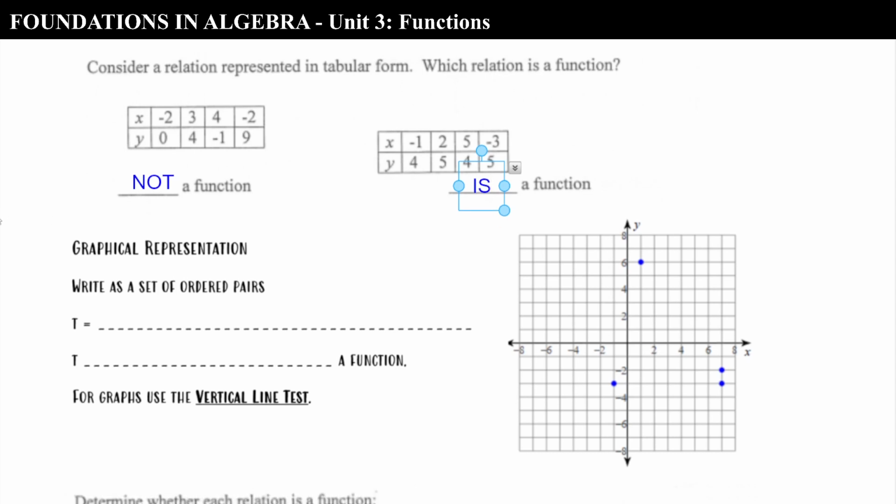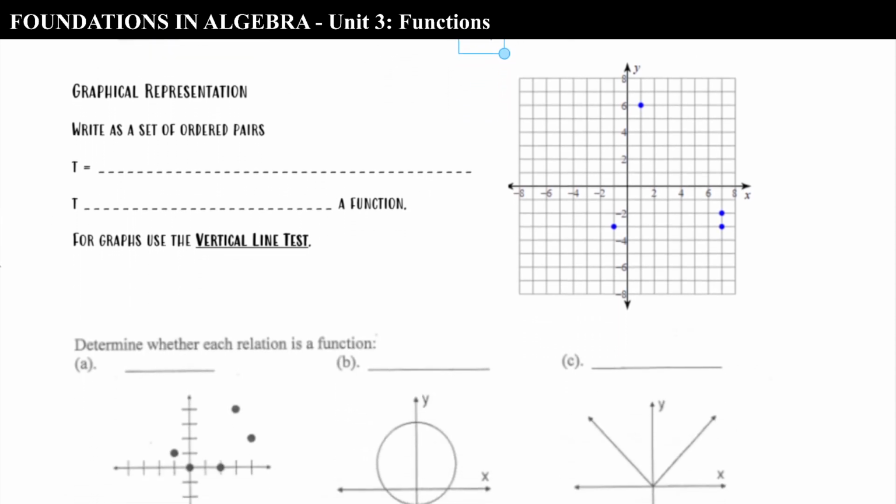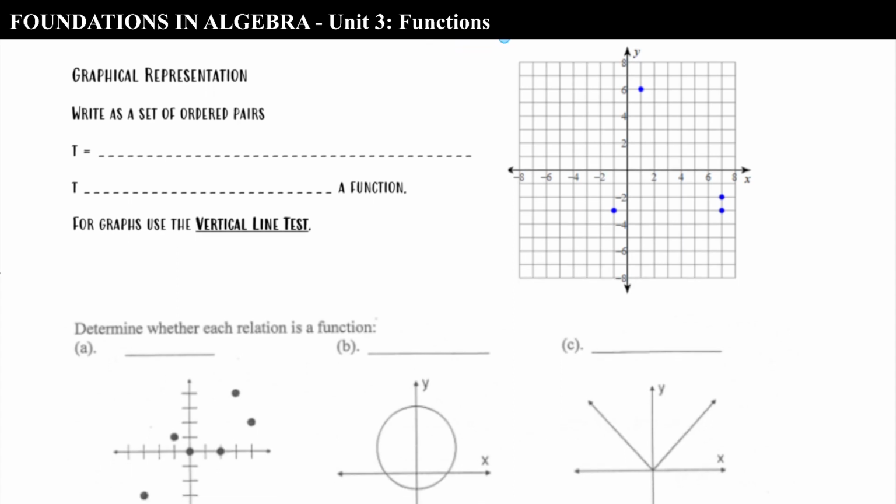Now, when we talk about graphical representation, we can write it as a set of ordered pairs. So let's write what is in this graph as a set of ordered pairs. So we have -1, -3. That's that first left-most point. Then going to the right, our next point is 1, 6.